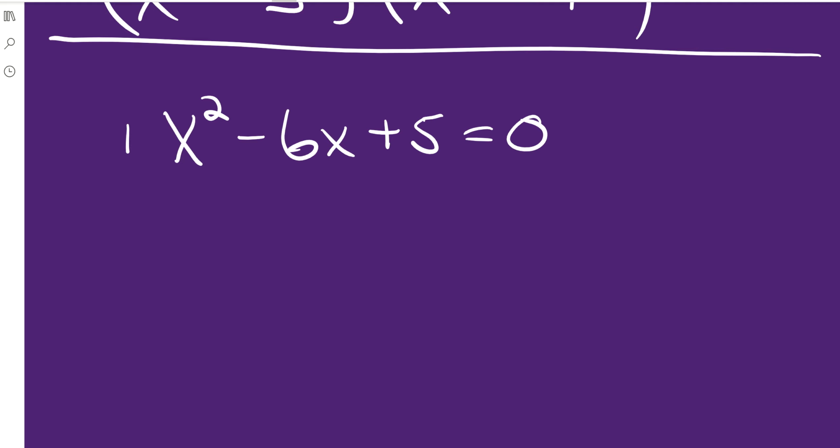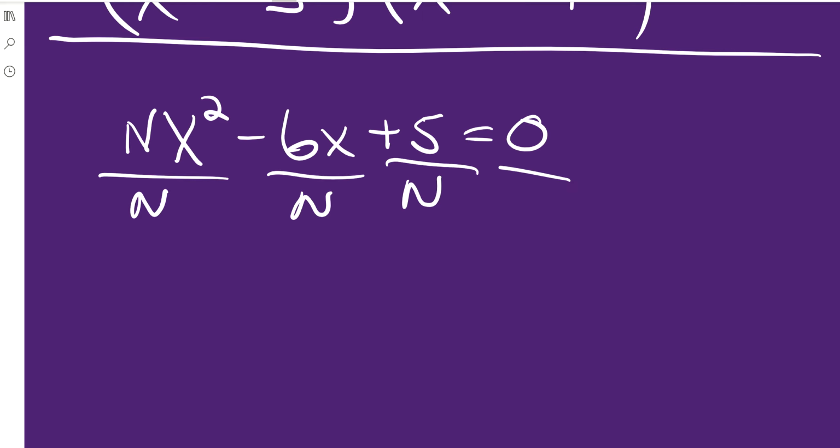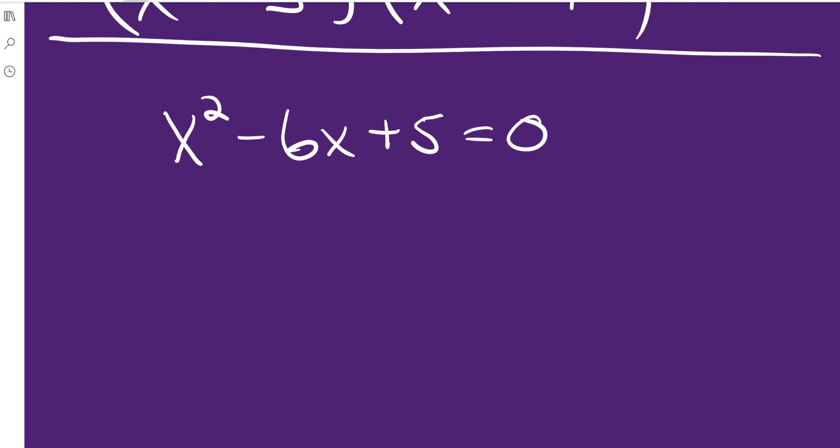So if this is n, I'll say any number, nx squared, then I have to divide everything by n, even the 0. Okay, that makes the n's cancel out, and I've got 1x squared. And whatever I'm ending up with over here, that's fine too. All right, but it's not the case here. We're just learning this, so they're giving us a little break. So as long as this is 1, then I can proceed.